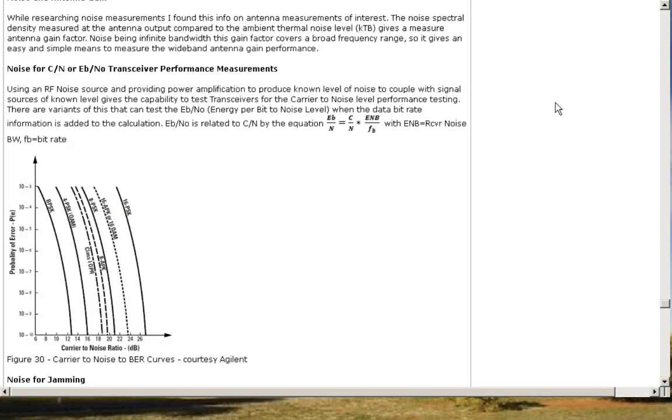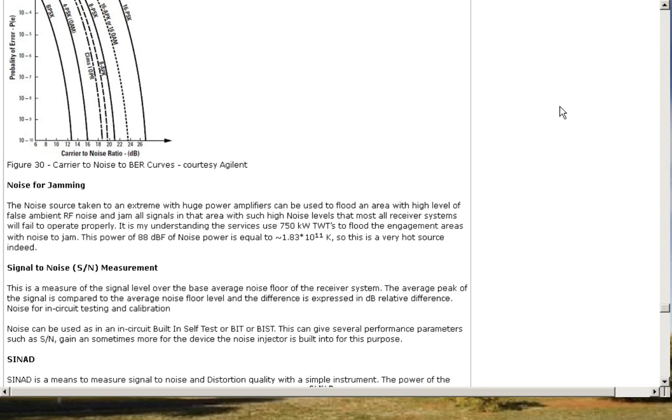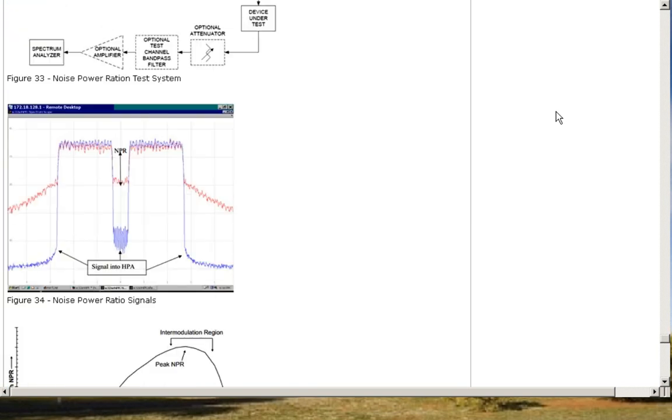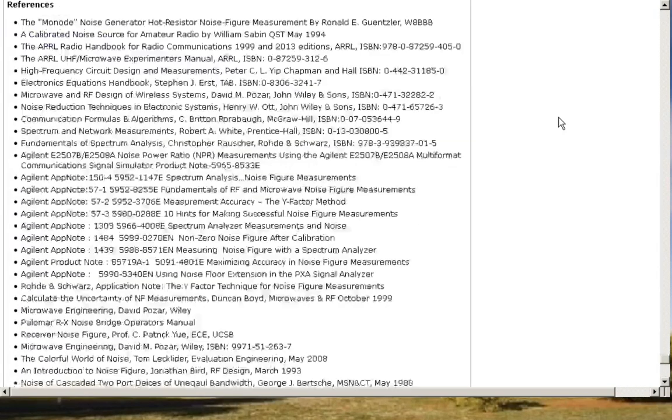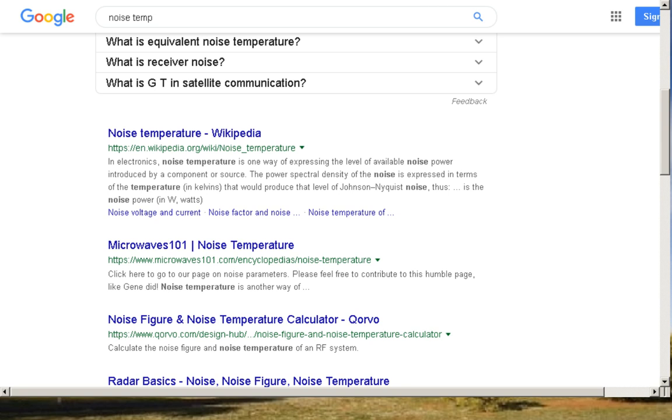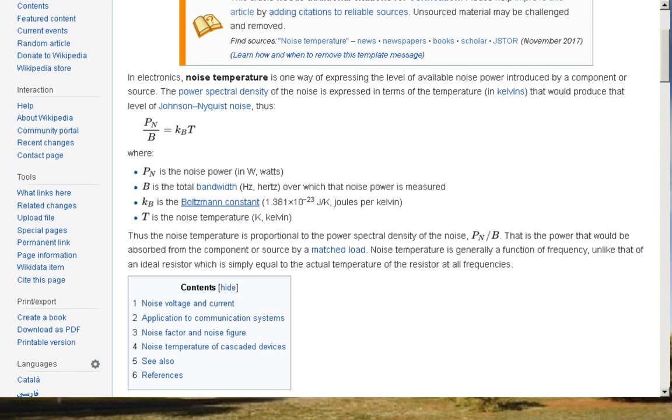I wouldn't think that would happen if you're just adding noise to a signal. So I'm not going to worry about it.